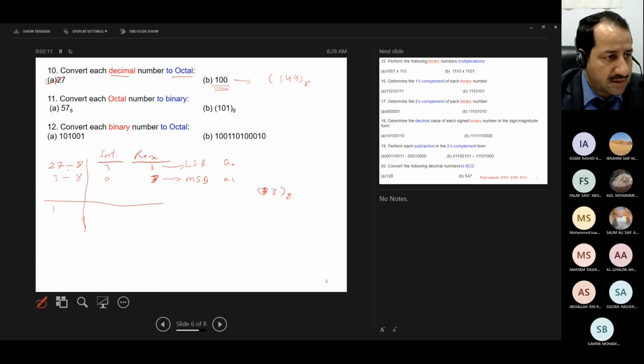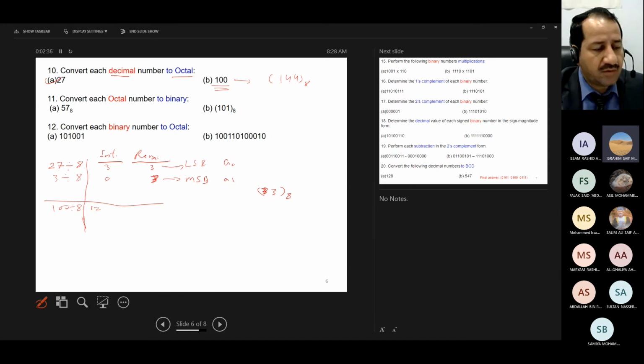Okay. 100 divided by 8. It should be an integer and there is a remainder.